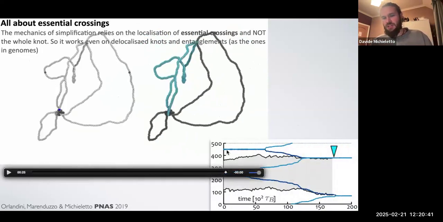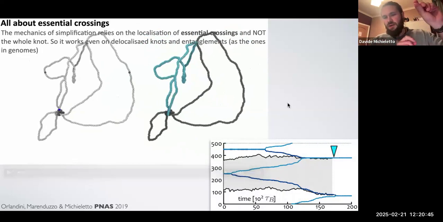This is a kymograph essentially. On the y-axis, you see the feet of the loop extruders that start from a little segment and then open up as they walk in different directions. The gray part here is the region that you can define as knotted. If you have one inside and one outside this knotted region, you don't localize the knot, but you localize the essential entanglements.